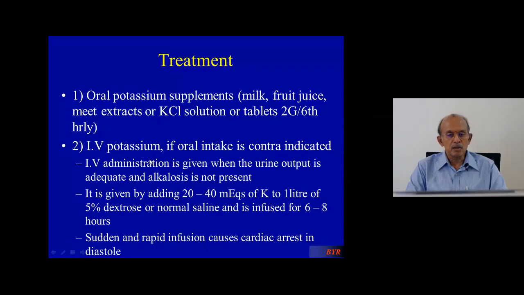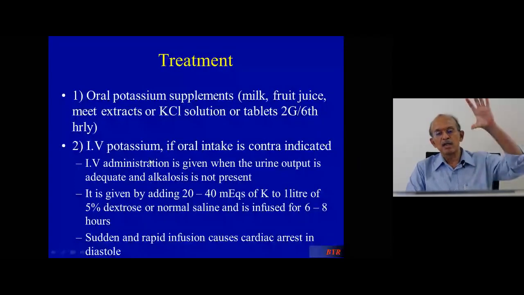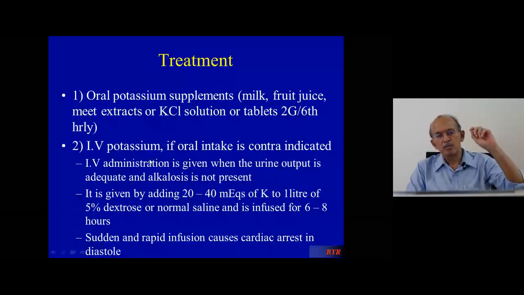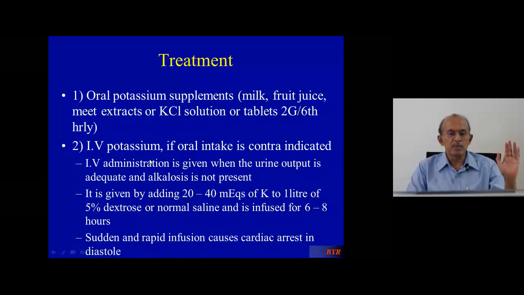So you must know this point. You must add this to 1 liter of 5% dextrose bottle, and you must make the drip rate so slow that the whole bottle lasts for about 6 to 8 hours. Slow administration must be given.